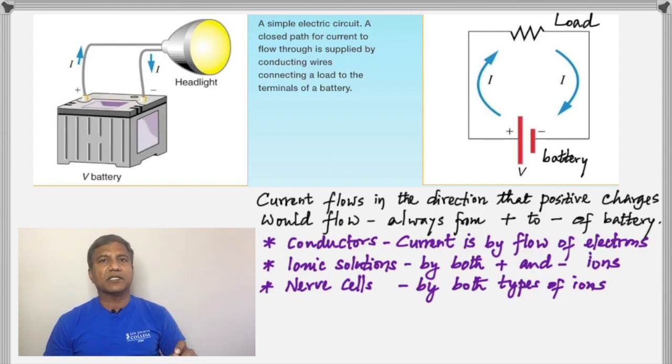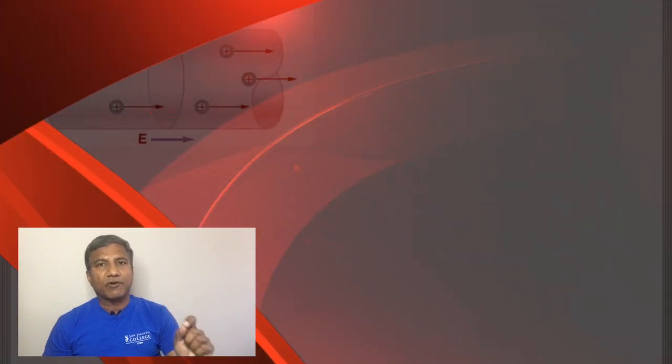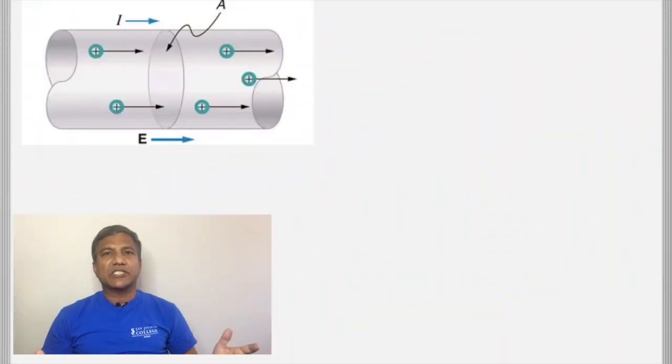We saw in the last chapter that there is no electric field inside a charged conductor. But in the case of a conductor carrying current, there is going to be an electric field. As you can see in this diagram, the direction of the electric field here is from left to right.